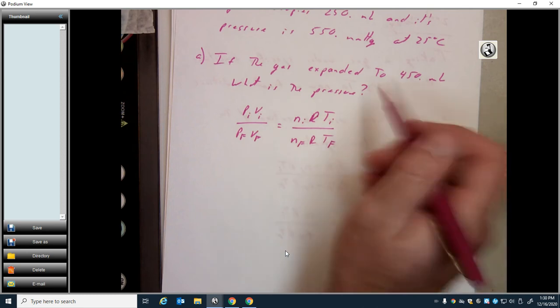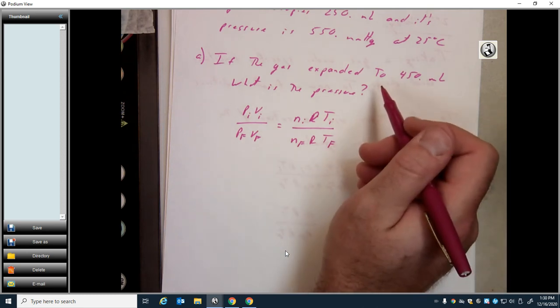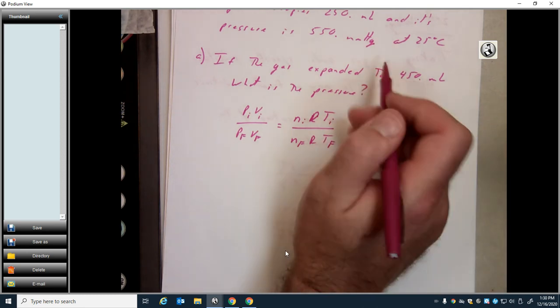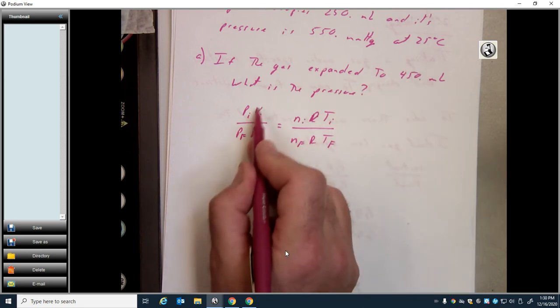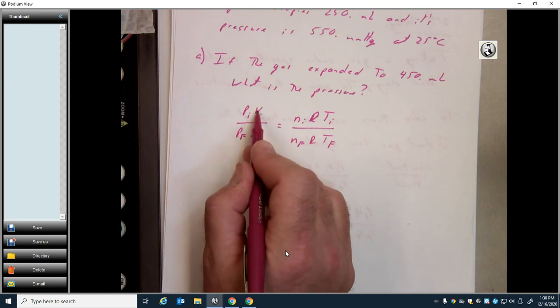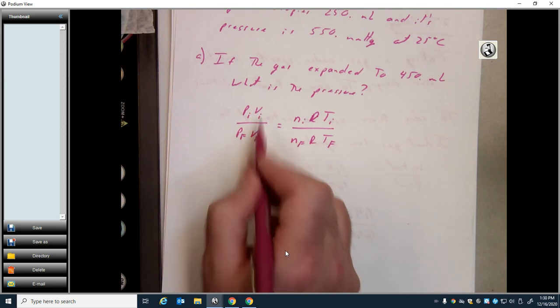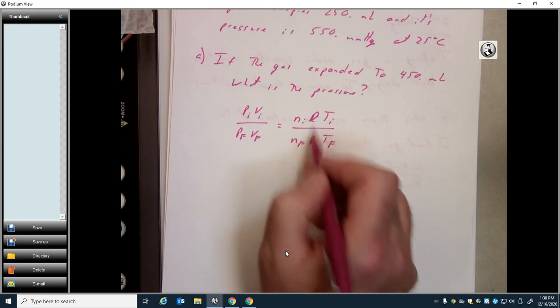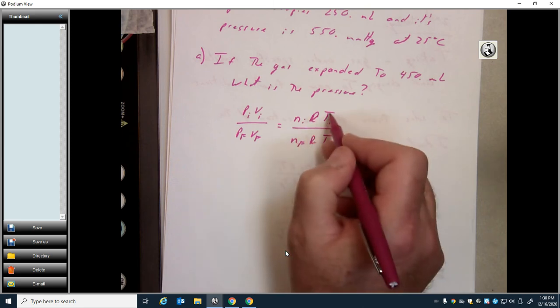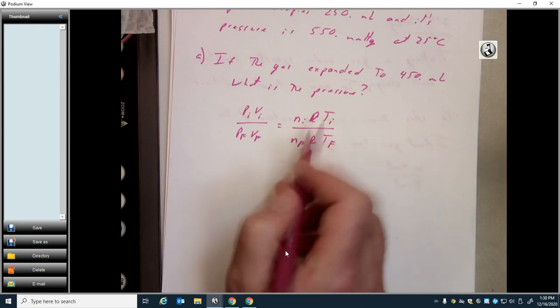Now, in this case, we are changing our volume, from V initial to V final. The number of moles isn't going to change, the gas constant doesn't change, and T doesn't change, right?